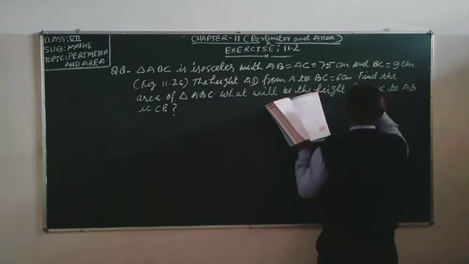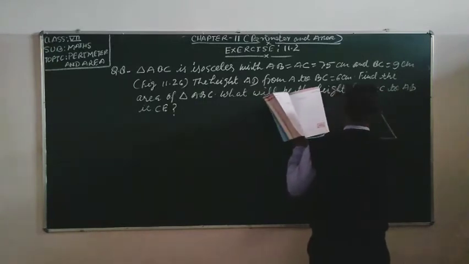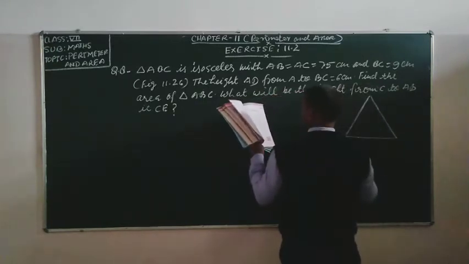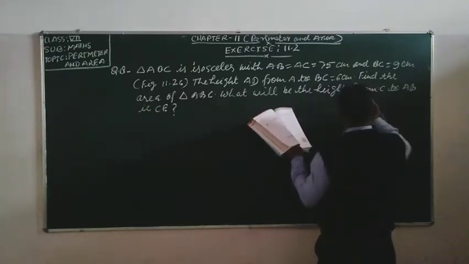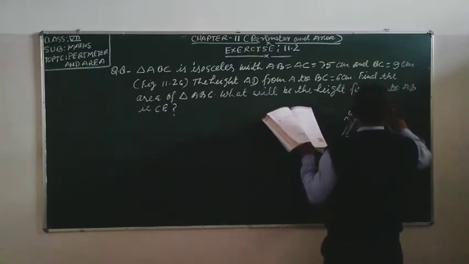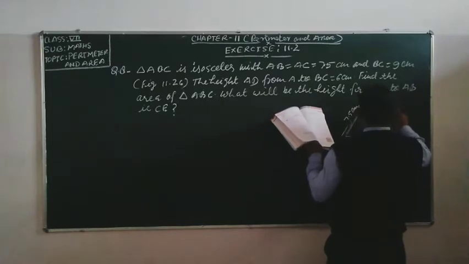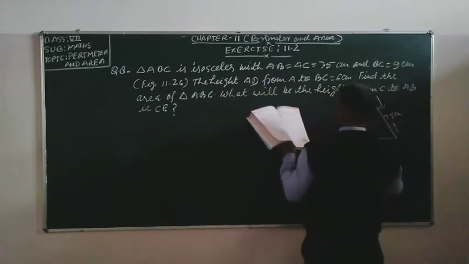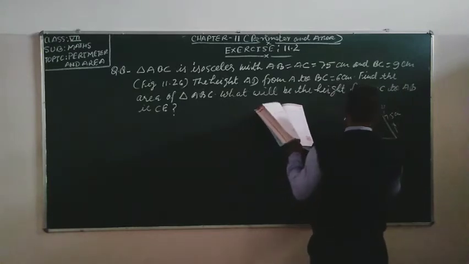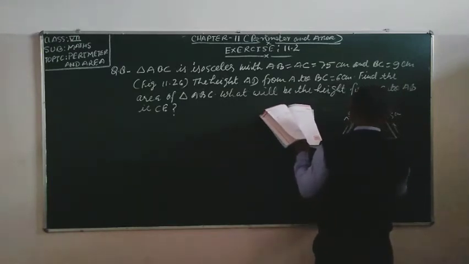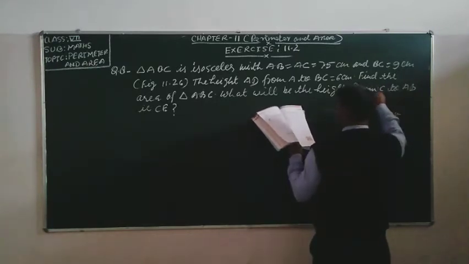Suppose that this is an isosceles triangle, and this side is 7.5 centimeter, and this side length is 7.5 centimeter also, and this side BC is 9 centimeter.